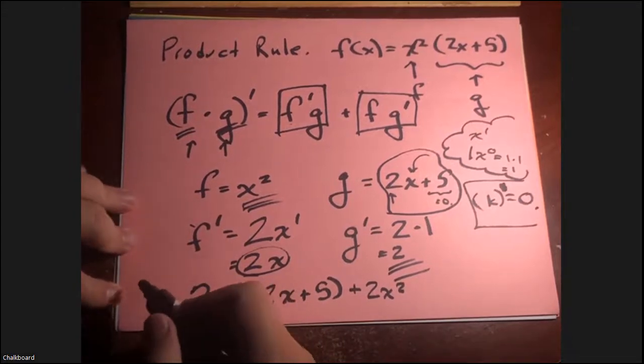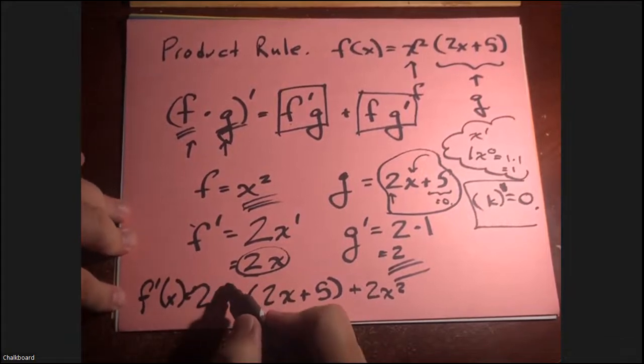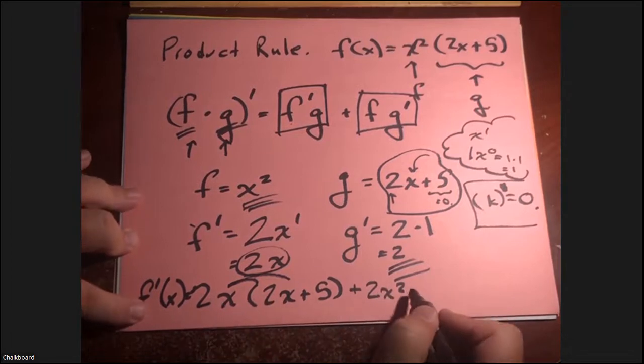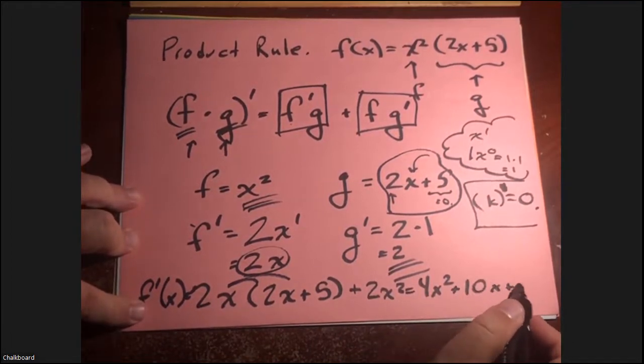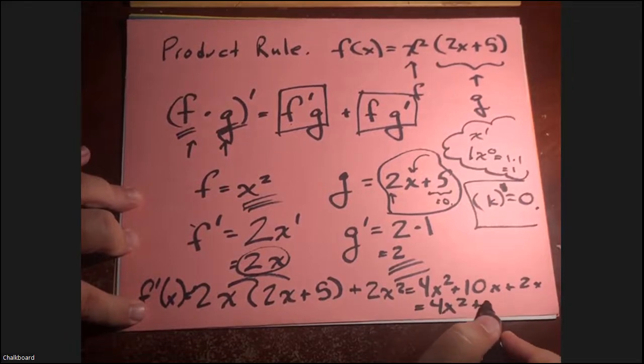This is our derivative. Now, of course, you want to do the right thing and distribute and simplify and do your algebra right. This is now 4x squared plus 10x plus 2x. Let's do the right thing and combine those like terms. They're 4x squared plus 12x.